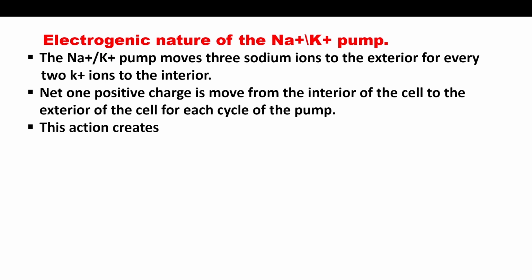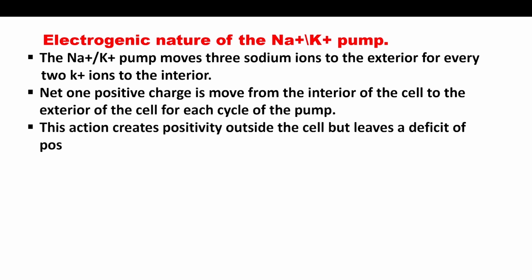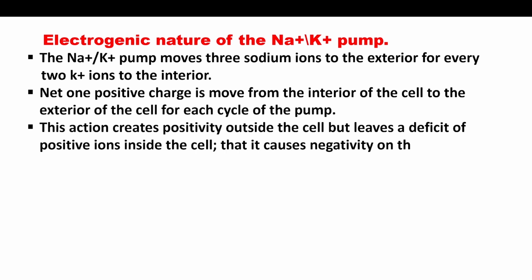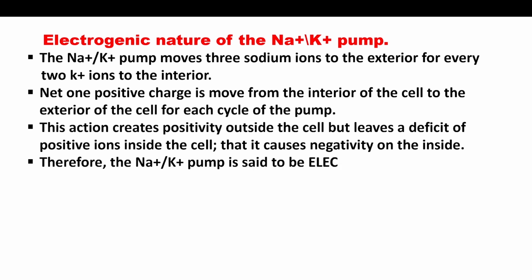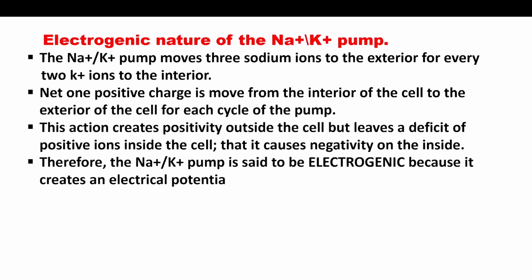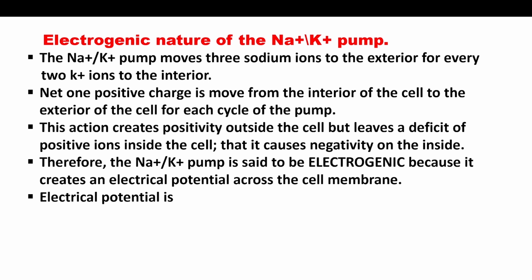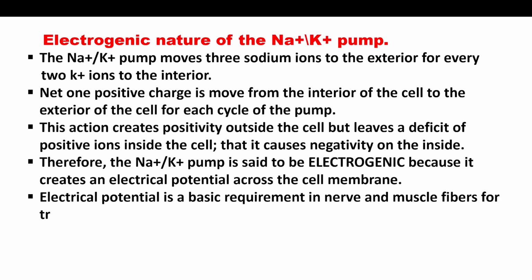This action creates positivity outside the cell but leaves a deficit of positive ions inside the cell, causing negativity on the inside. Therefore, the sodium-potassium pump is said to be electrogenic because it creates an electrical potential across the cell membrane. Electrical potential is a basic requirement in nerve and muscle fibers for transmitting nerve and muscle signals.